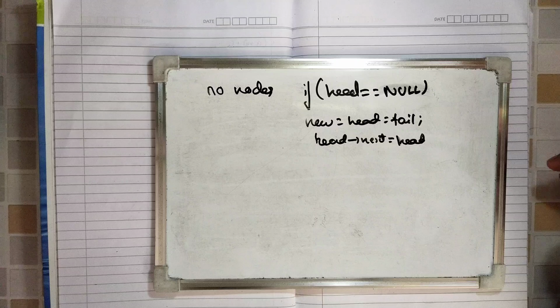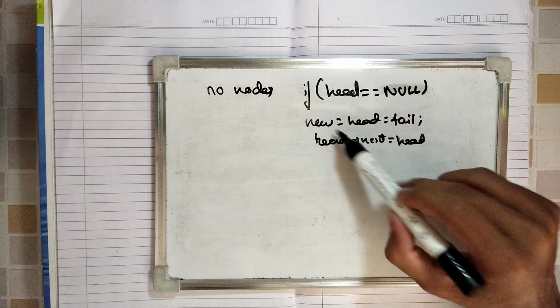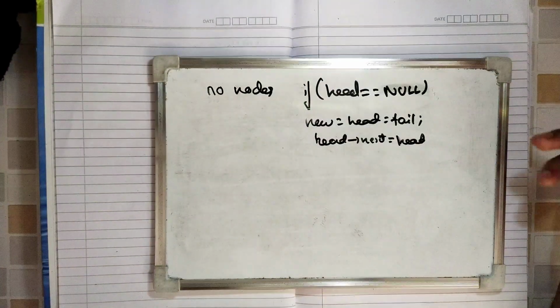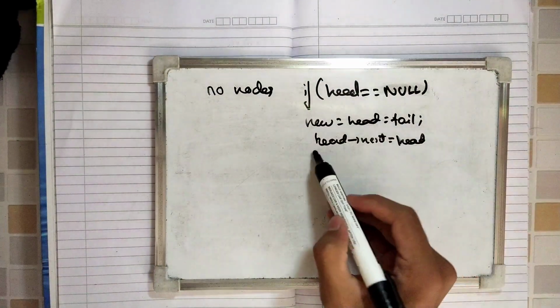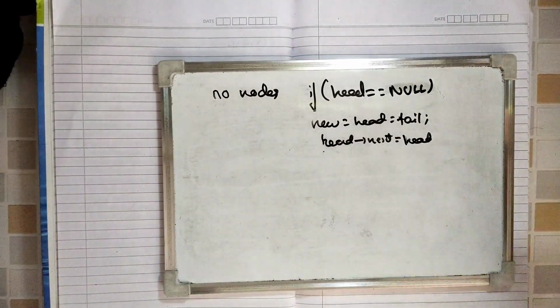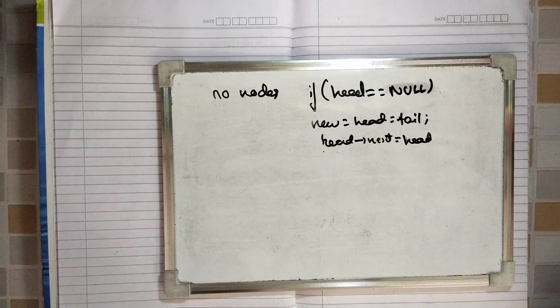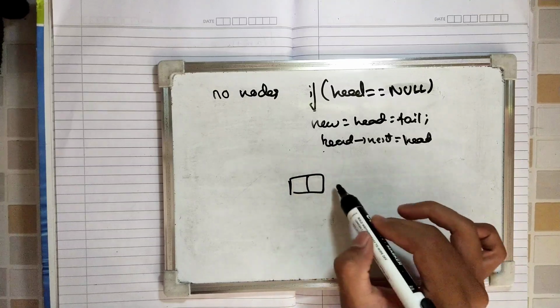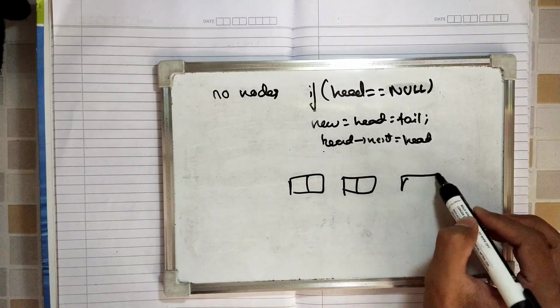So we make new the head. If you don't write this, you won't have any effect or changes, but we write it to be on the safer side. Sometimes a small mistake might happen while connecting, if you have many nodes. Here I have only one.